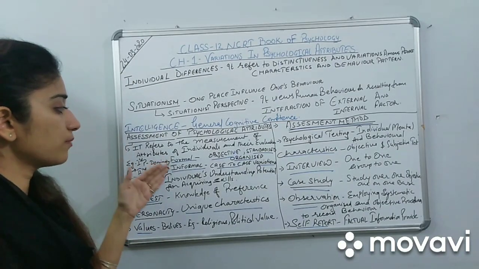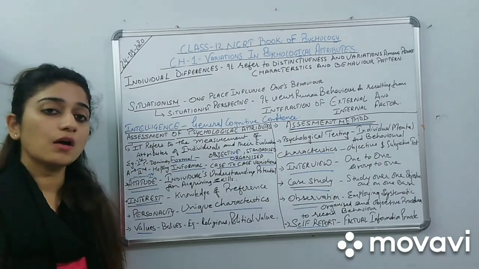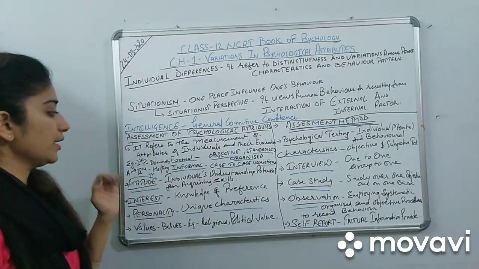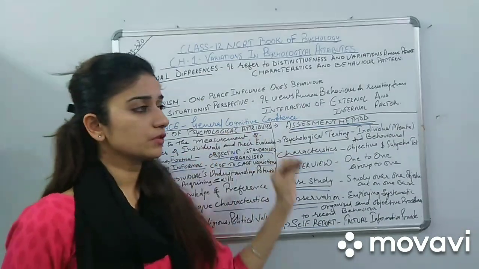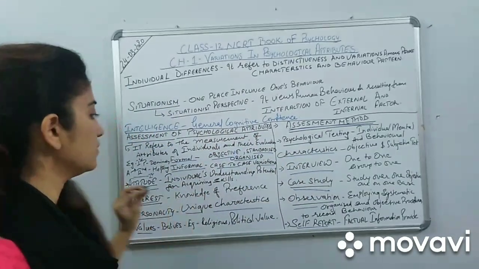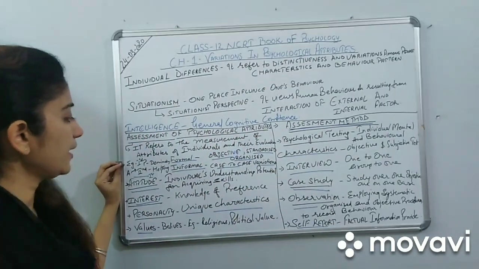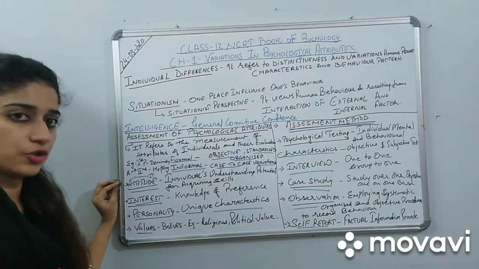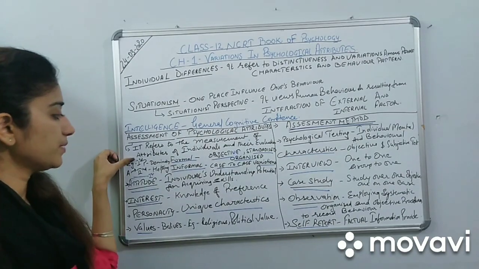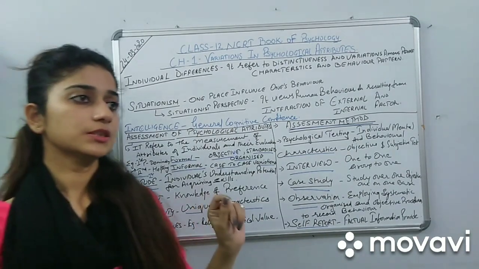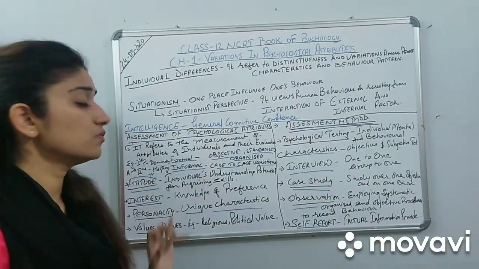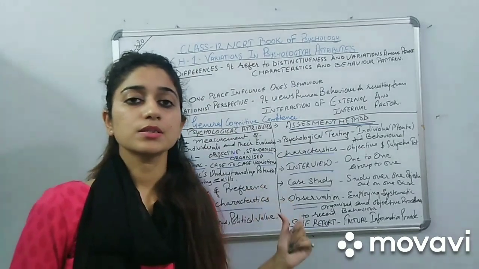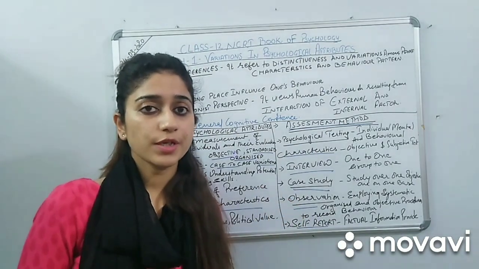The assessment has a formal and an informal way. How is it formal and informal? For example, we have a particular situation in which a person A is being judged by two people. The first person is saying that Mr. A is very dominating, and on the other hand, the second person is saying that Mr. A is very helping.